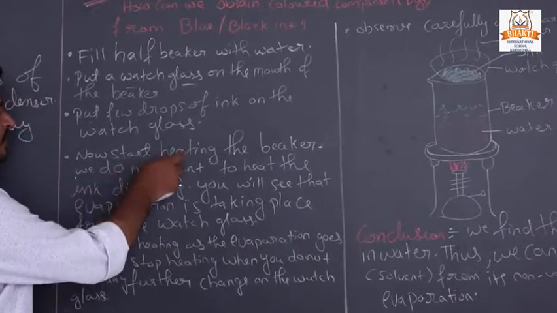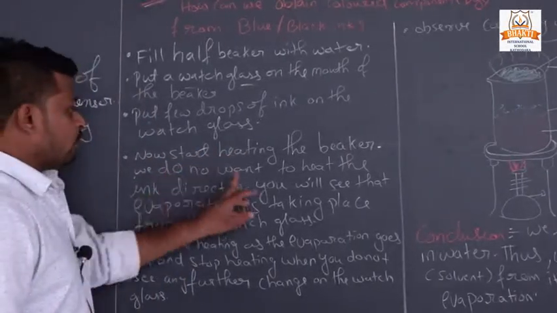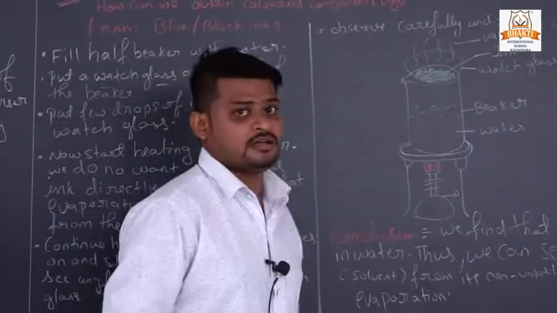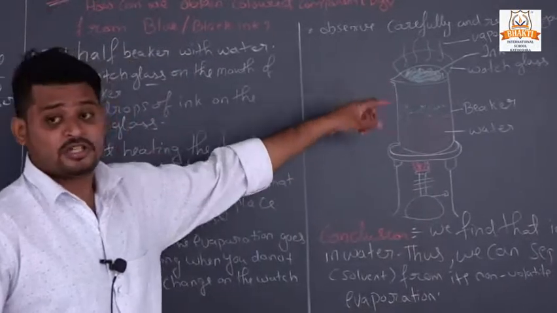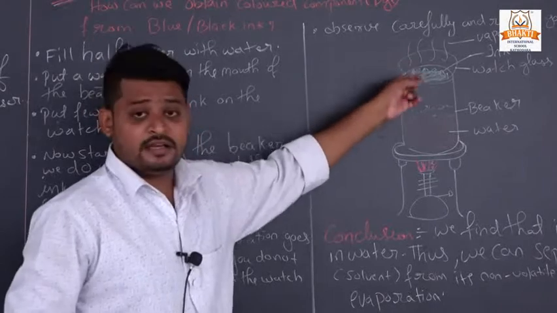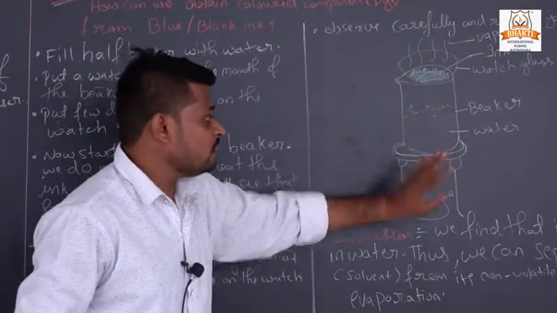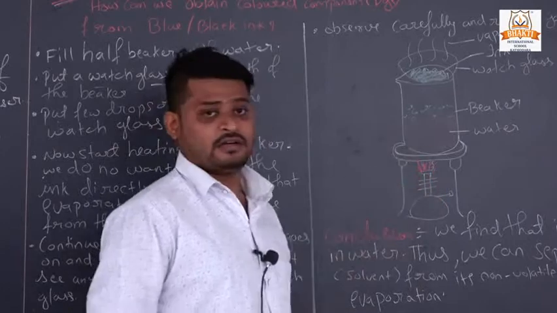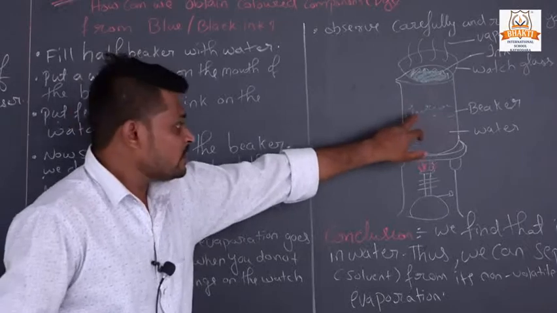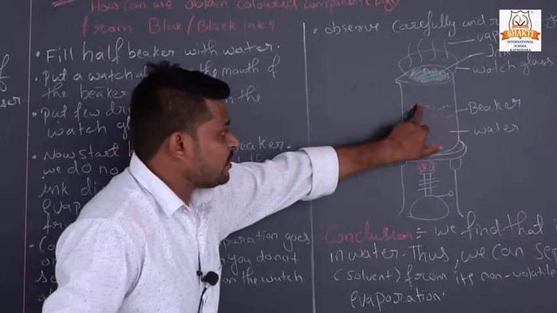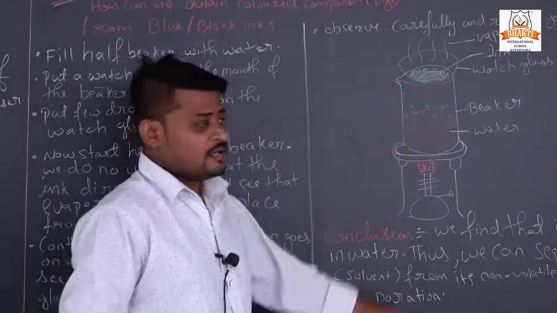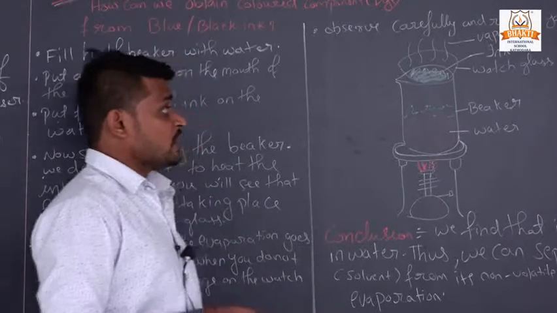Now start heating the beaker. We do not want to heat the ink directly. Why have we taken the watch glass? Because we do not heat the watch glass and ink directly. So we have taken a beaker with water, and firstly we heat the water. Then you will see some water droplets and vapors evaporating, going on to the watch glass, and the watch glass is also heated.